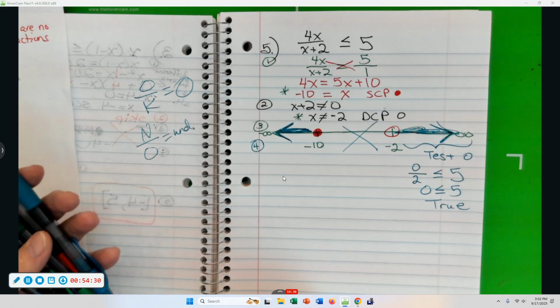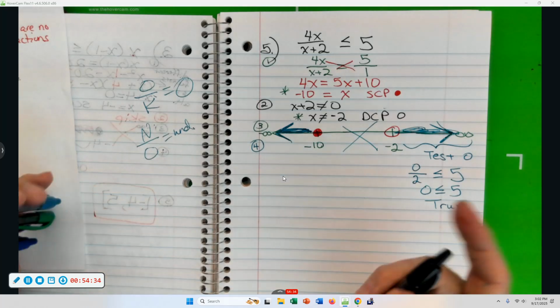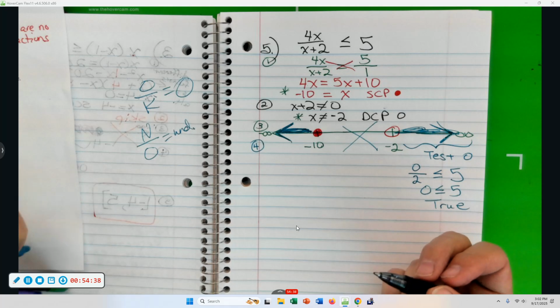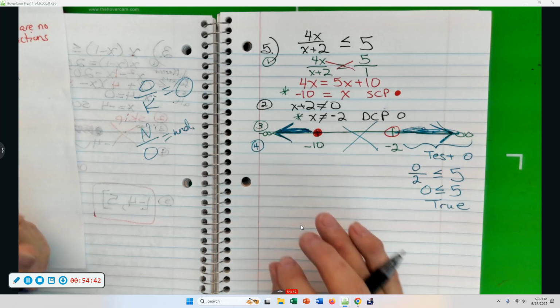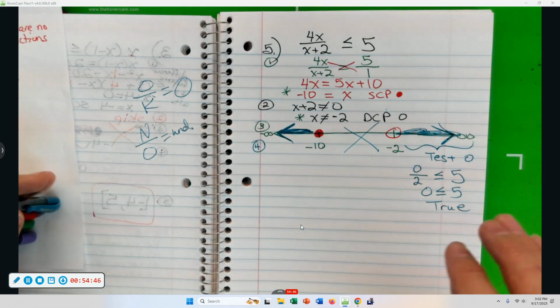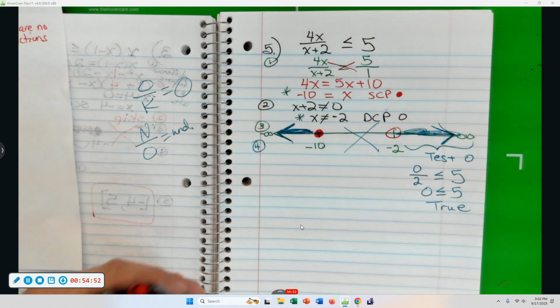You may not realize it. You may not appreciate it. If so, then I encourage you to check every interval for maybe the first 5 problems in the assignment. You'll see how much time that takes. Unfortunately, what I find happens, people are checking every interval. Oh, here they're checking -7, and they mess up. And then they wind up with a false, false, true situation.